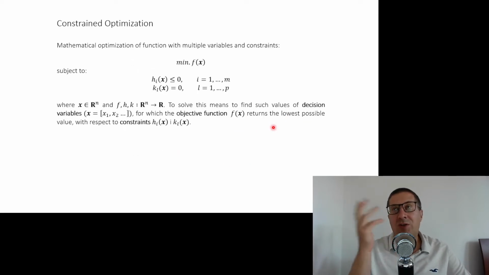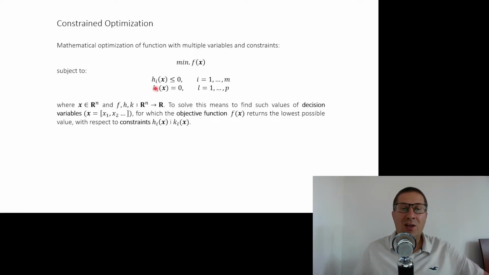But of course, in reality, we have many constraints, like the physics, for instance, like our predictive models, like some technical constraints, that the flow cannot be higher than some value, the pressure has to be higher than some value, etc. So there are inequalities, like keeping the temperature lower than 90 centigrade, and equalities. For example, if I increase the pressure by some value, the temperature will rise by some value, right?